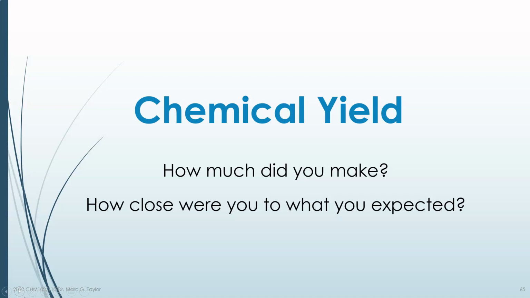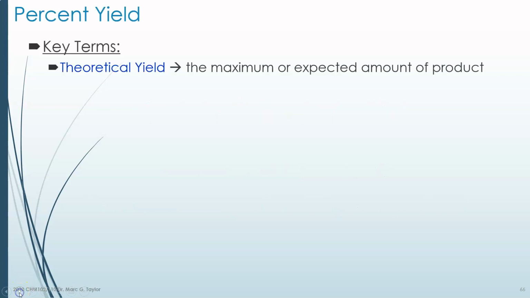Well, the way you calculate how close you were to what you were expected is you determine the theoretical amount that you were supposed to make, and that is right from stoichiometry. You've already been doing plenty of those calculations, and now you compare that to what you actually made, what you actually got in a laboratory experiment. So let's talk about that.